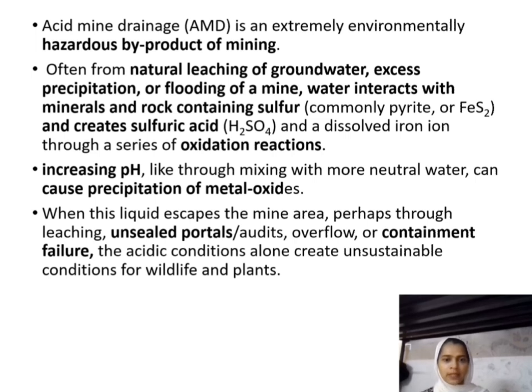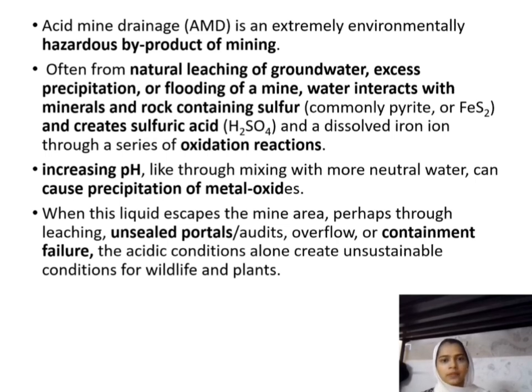Increasing pH, like through mixing with more natural water, can cause precipitation of metal oxides. When the liquid escapes the mine area, perhaps through leaching, unsealed borehole, overflow, or containment failure, its acidity alone creates unsustainable conditions for wildlife and plants.